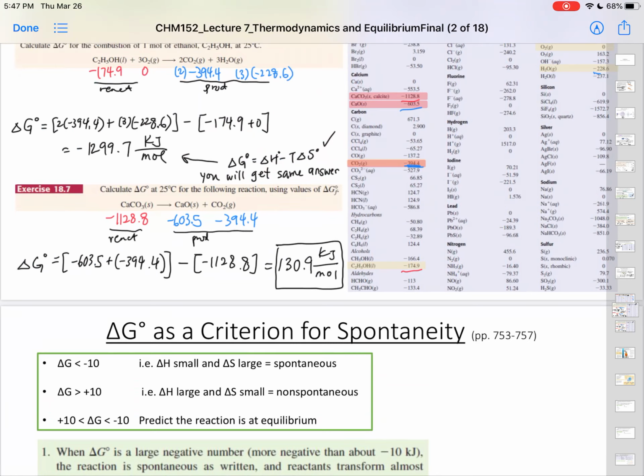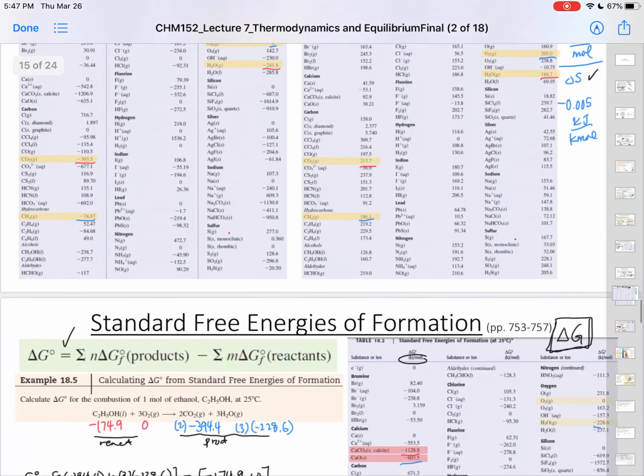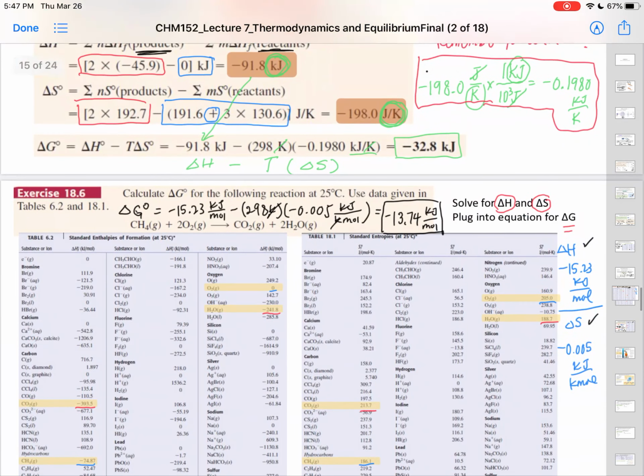Let's go back and look at some of these problems. Here, 130.9 is a greater than 10 situation, so that would be what we call non-spontaneous. Look at the problem before that, minus 1299.7. This is the first situation, so we would say this is spontaneous.